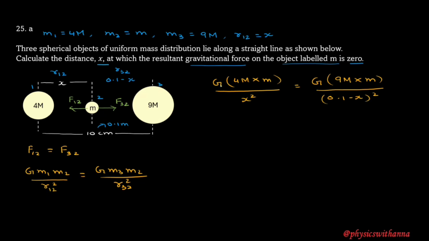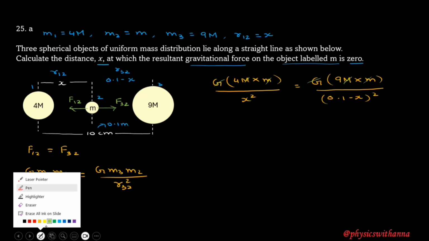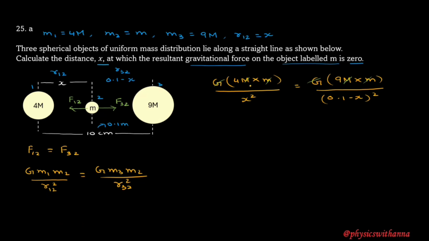Now let's cancel off the common terms. G and G will cancel. M and m will cancel. And then write whatever is left. We have 4 over x squared equals 9 over (0.1 minus x) squared.